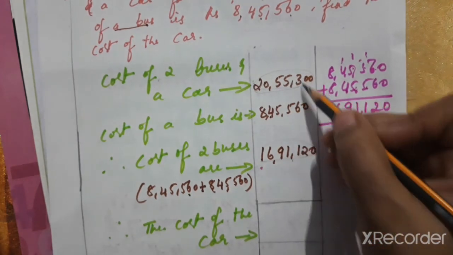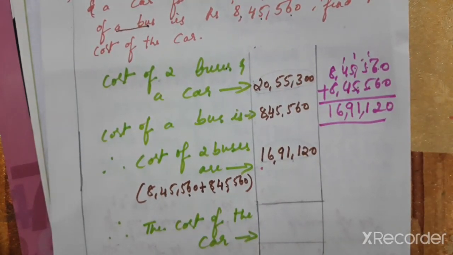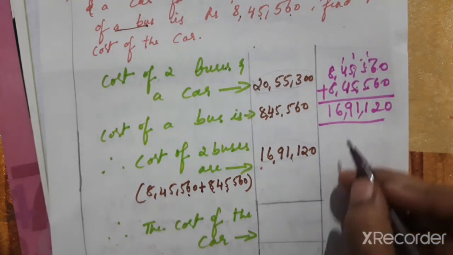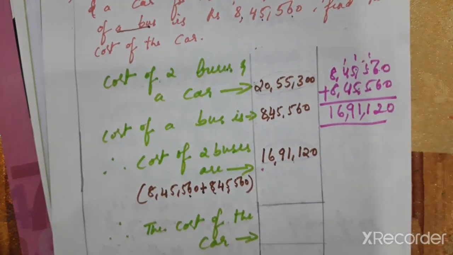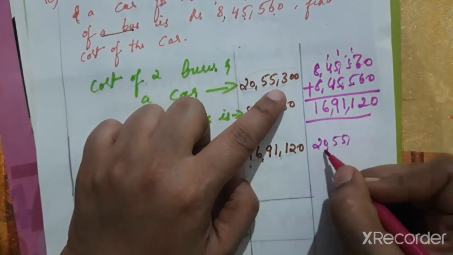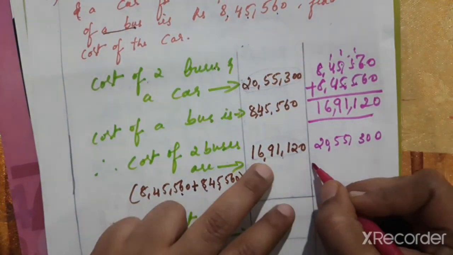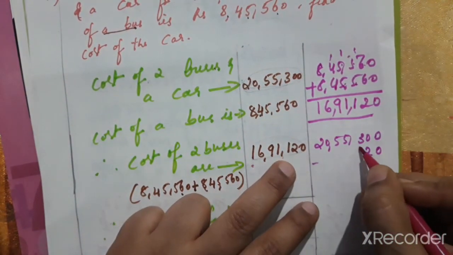We subtract these two amounts, then we get the car amount. Therefore, the cost of the car: subtract these two values. Total money spent to buy vehicles is 20,55,300. Out of that, minus 16,91,120.